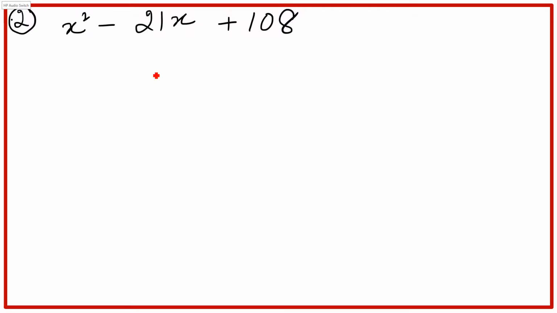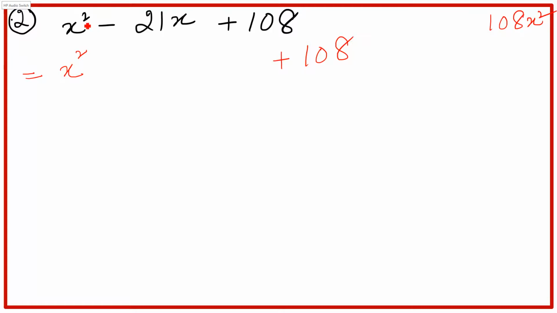So the first step, I told you, what is the first step? Can we take anything common? No, we cannot. Can we make the square of the first and the last term? No, we cannot. So the third step is, write down x square as it is, here positive 108 as it is. Multiply the first and last term, so we will get 108x square.